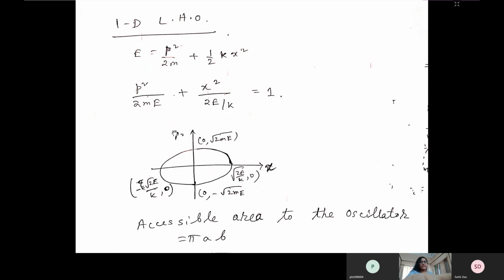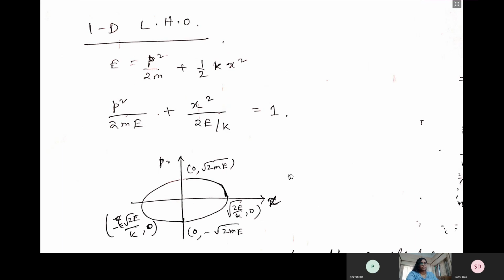Now suppose you are given the total energy of the system, and you have to find the density of states in the phase space. How do you find it? Suppose I am taking the one-dimensional linear harmonic oscillator, where the energy is P square by twice m plus half k x square, where P square by twice m is the kinetic energy and half k x square is the potential energy.